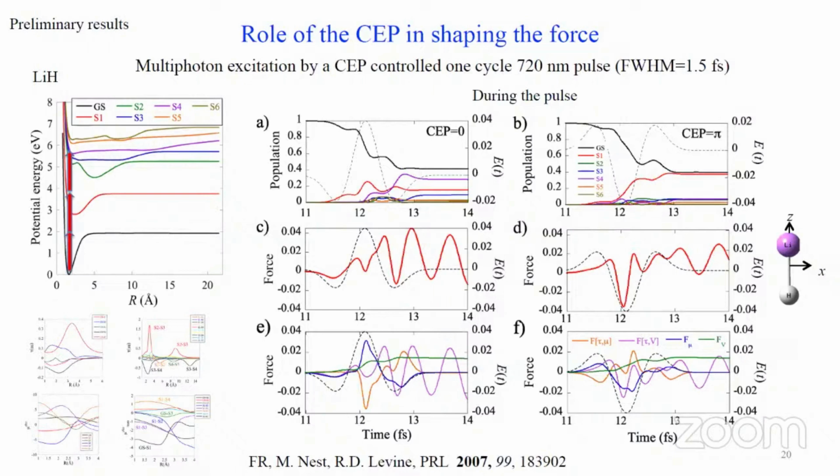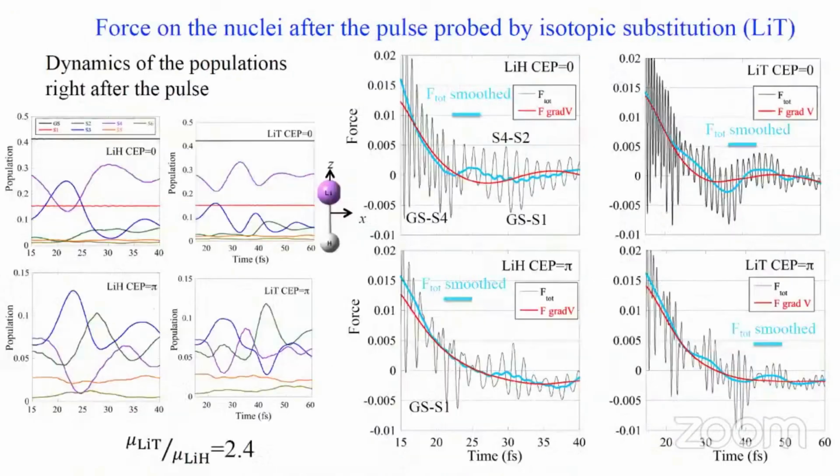While here, this blue line and this term, tau with V, are in the same direction, and this is what gives you a very large value. So you see that these terms, even during the very short pulse, can really act in different directions, and that you can essentially control this by the CEP or by the polarization, or even probably with the duration of the pulse, which is something we didn't try.